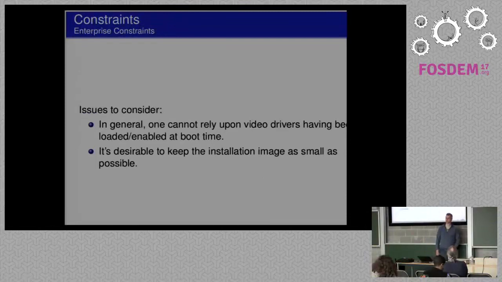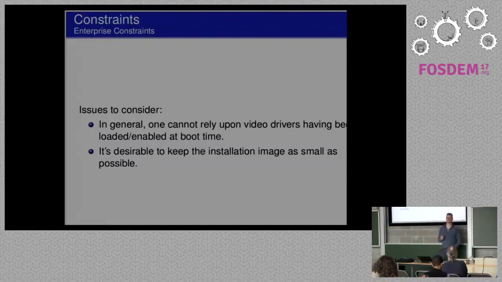A couple of constraints for this exercise. We cannot rely on any particular video drivers being available, because all systems these days have different video systems, so we cannot say this installer is only going to work if you've got an SGI or an ATI or God knows what.